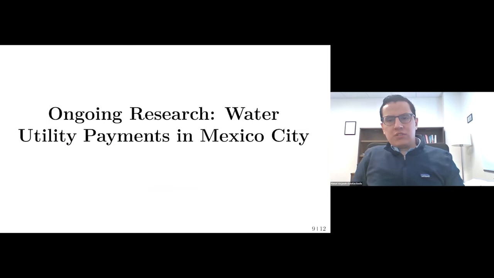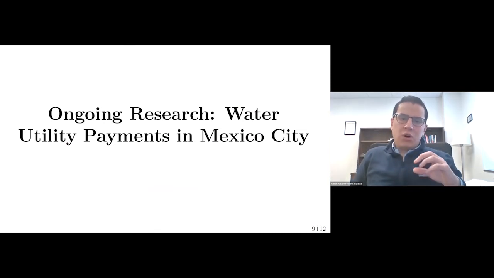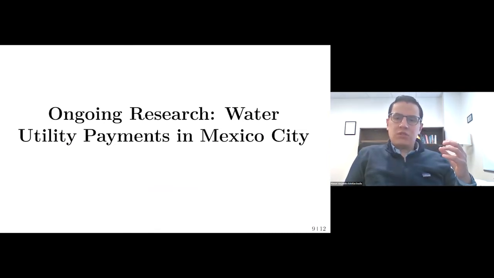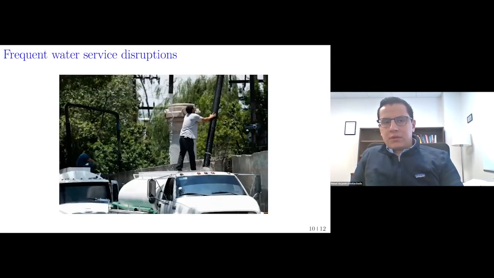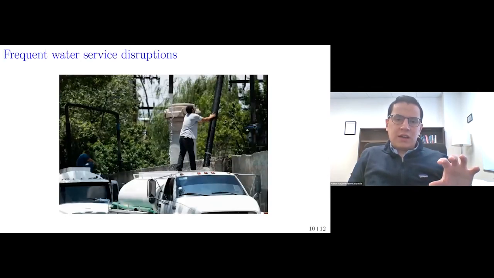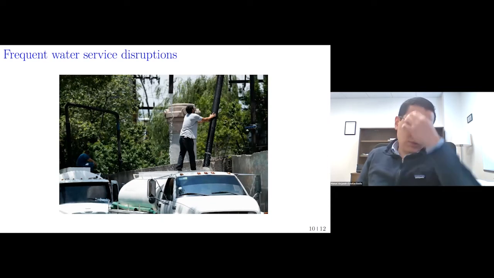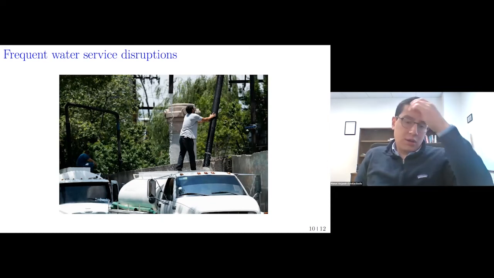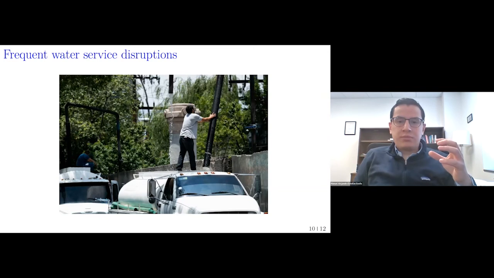Now, in ongoing research, I study water utility payments in Mexico City. In this slide, I am showing you a pickup truck that contains piped water. This pickup truck is a private service that households hire to access drinkable water in periods of water service disruptions in Mexico City.